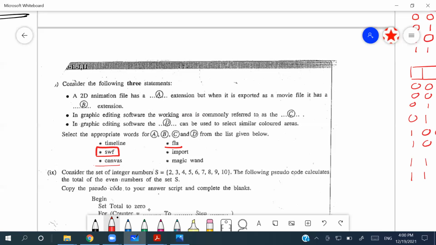So the last one, it is asking, in graphic editing software, blank can be used to select similar colored areas. Yeah, magic wand can be taken for D. So yeah, now this is C and this is D. If you got those two correct, take full marks, 2 marks.